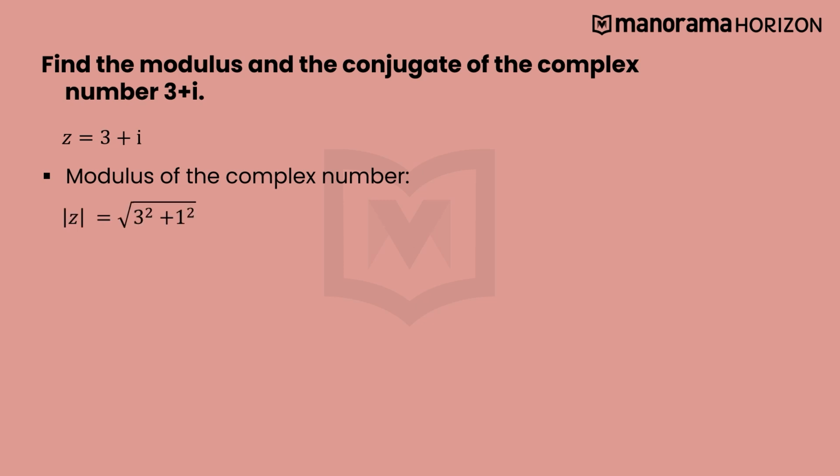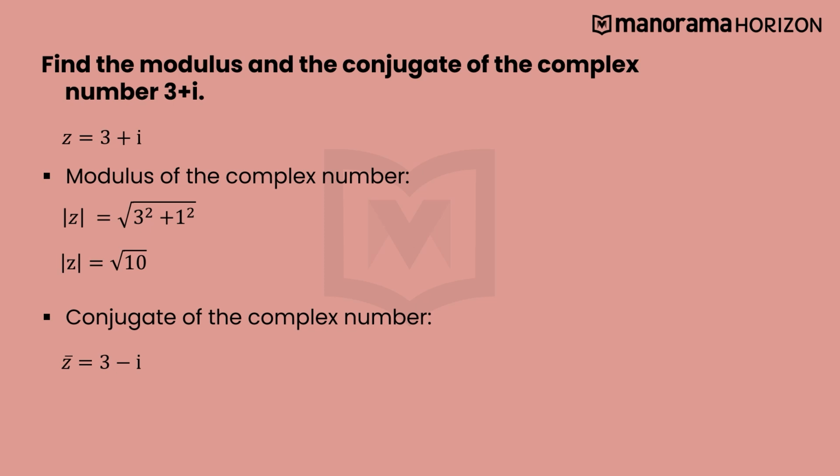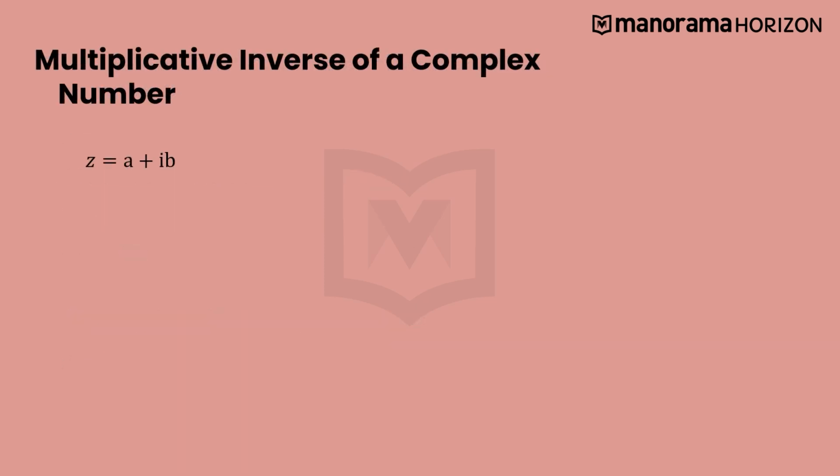That is mod z equal to square root of 3 square plus 1 square, which is equal to root 10. Now we need to find the conjugate of the complex number, which is given by z bar is equal to 3 minus i.